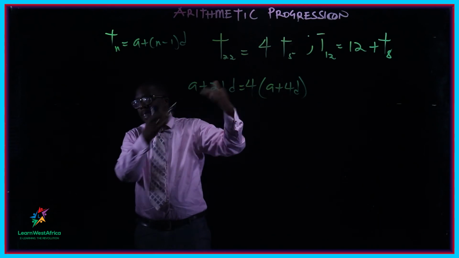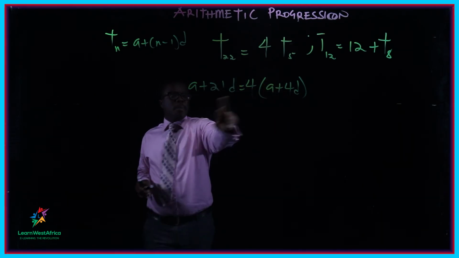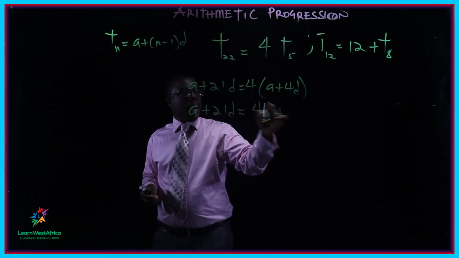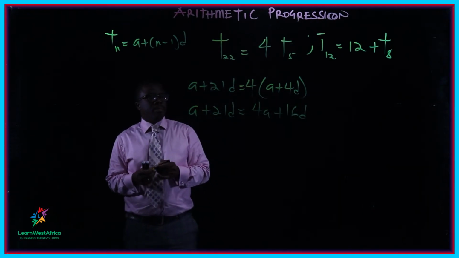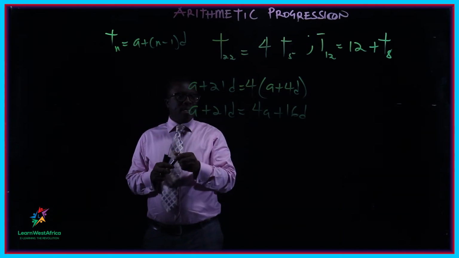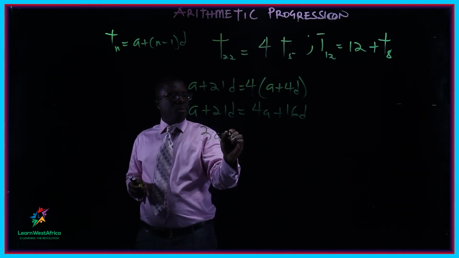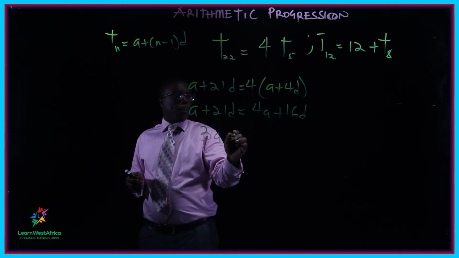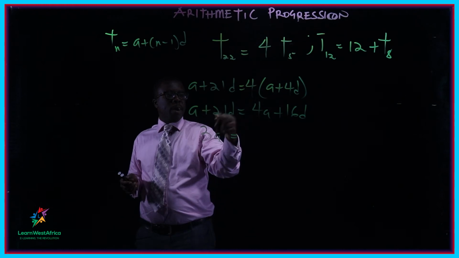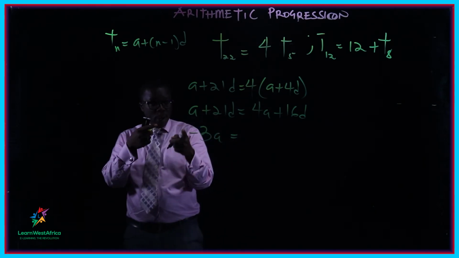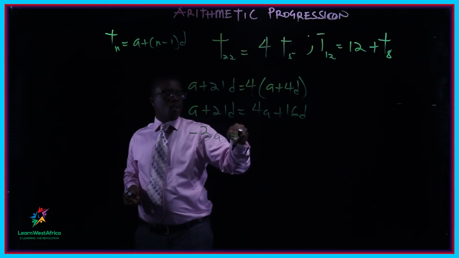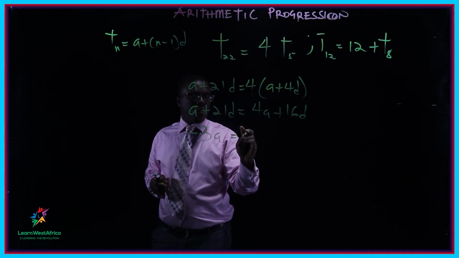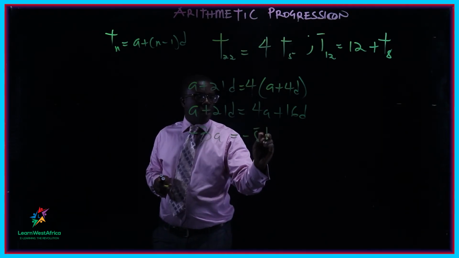The 22nd term is 4 times the 5th term. Let's simplify this. You're going to have a plus 21d equal to 4a plus 16d. Are we okay? So we can say that 3a will be equal to, okay, so when you bring this one, you're going to get a minus 4a, that's going to give you minus 3a, right? 16 minus 21 will give you minus 5, so minus 5d.